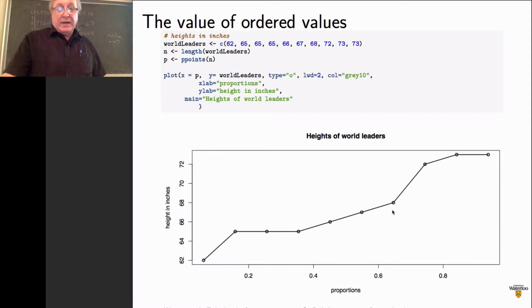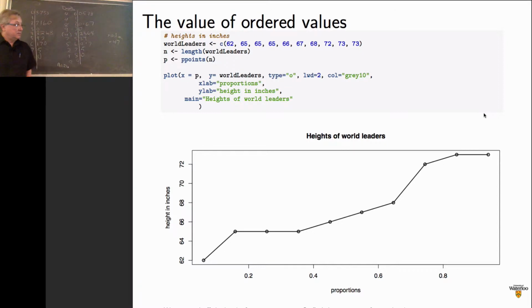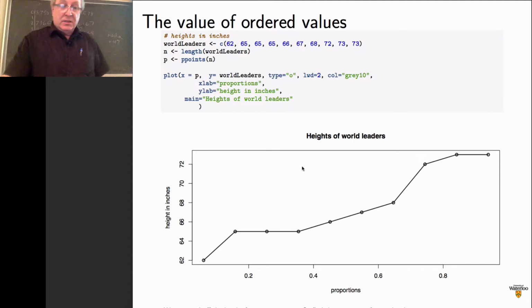And so what I want to look at is that curve. What is that curve? Well, on this scale, it looks like there's a short guy down here, then a bunch of people that are roughly the same height. There's an increase in height, and then there's a bunch of people in another group up here. So you want to look at that and be able to interpret what it is telling you about that distribution.